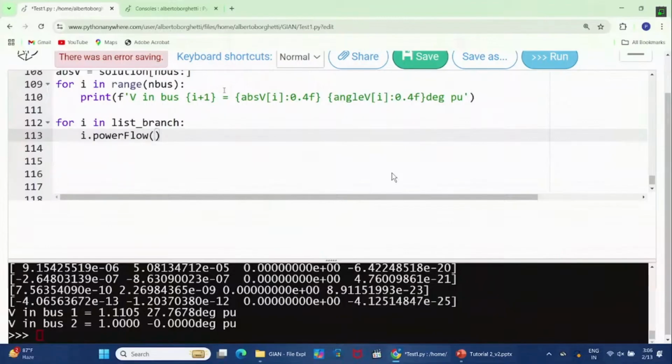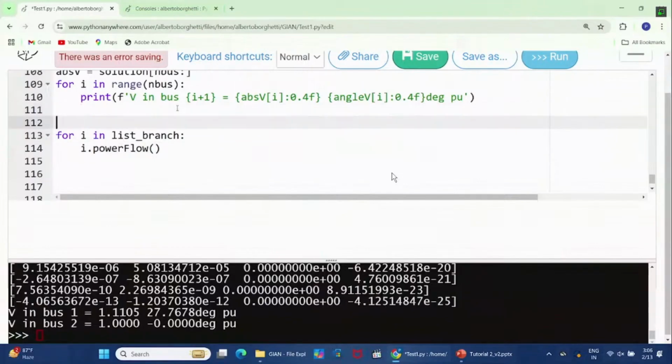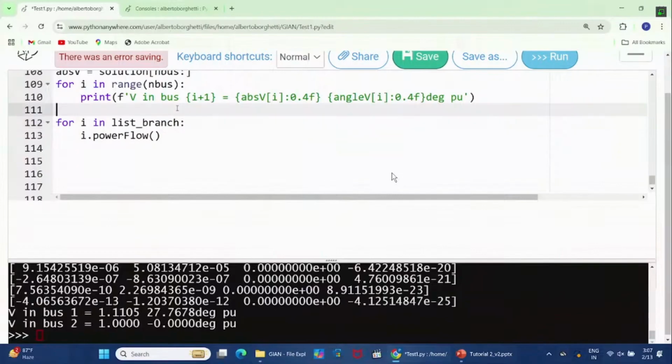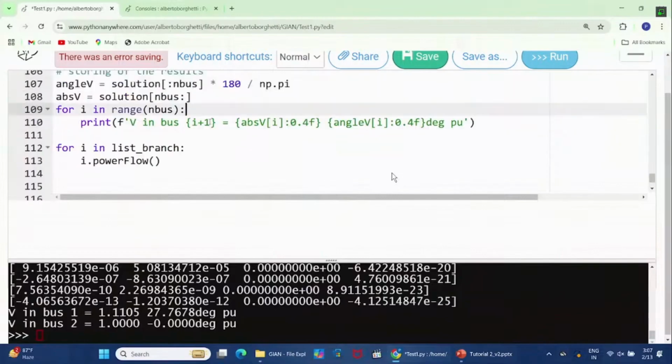For us the voltages are, in order to be more sure, we can define an array for the voltage in which we can store all the solution, other than printing.